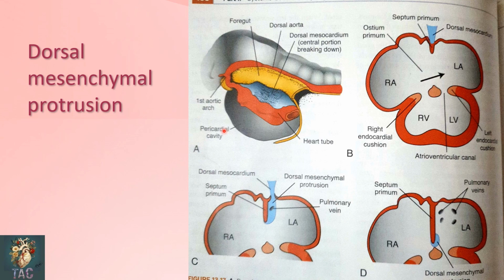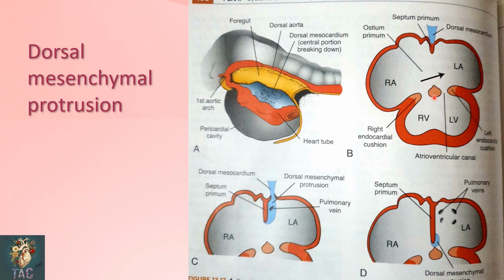First, a little bit of revision from the previous class about the dorsal mesenchymal protrusion. In this diagram you can see the developing heart tube, and behind this area is the dorsal mesocardium, whose central part is breaking down to form the sinus, and here is the foregut, and behind the foregut is the dorsal aorta. Then you can see that the septum primum is forming.